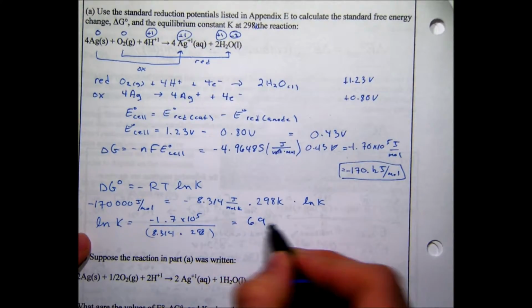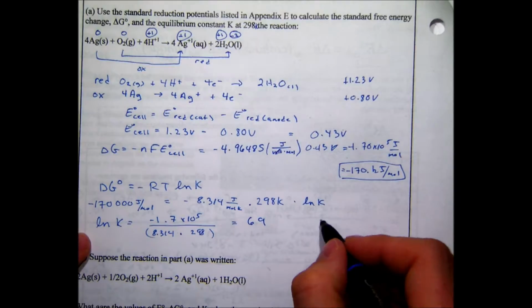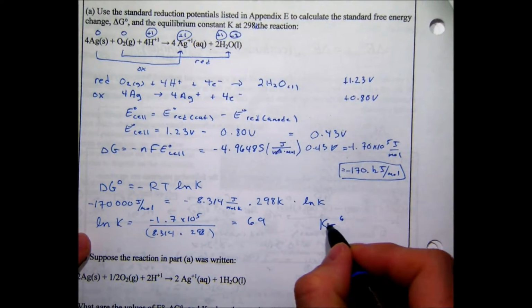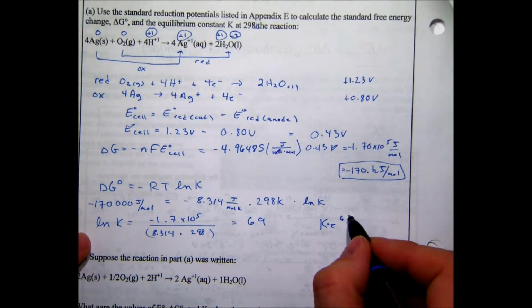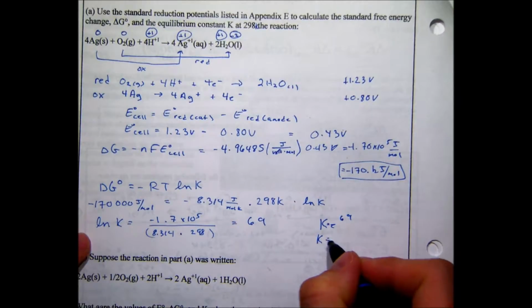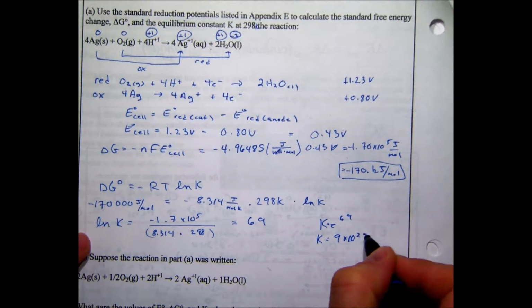That's equal to 69. K is equal to e to the 69. K is equal to 9 times 10 to the 29.